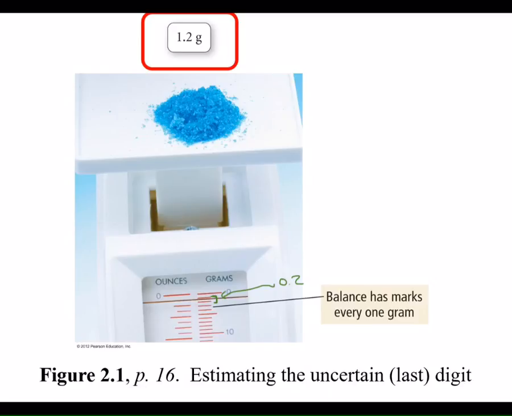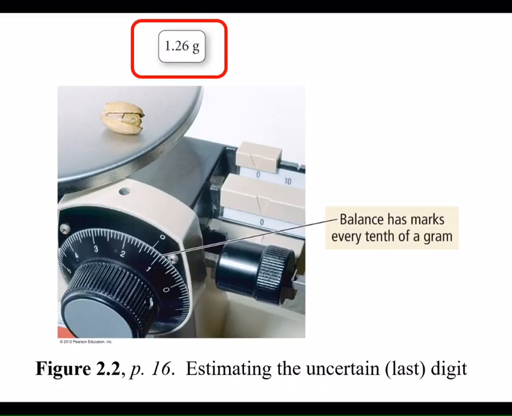So that's why this is 1.2 grams. The last digit is what we say is uncertain. Sometimes when I try to show uncertainty, I show it red hot, like with a little question mark there. The 1 is exact in the 1's place, and in the 0.2, there's uncertainty.